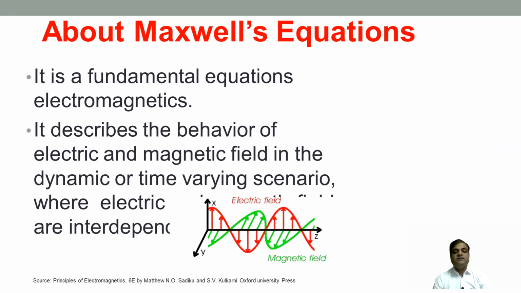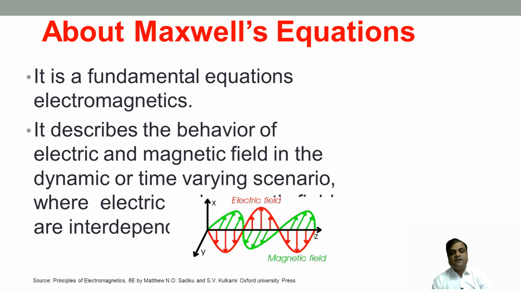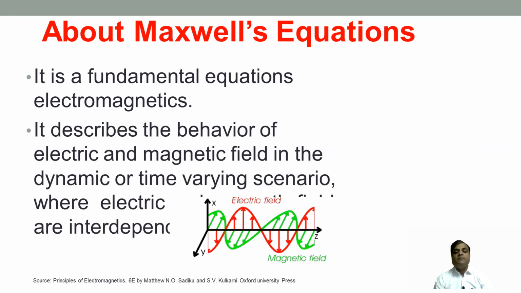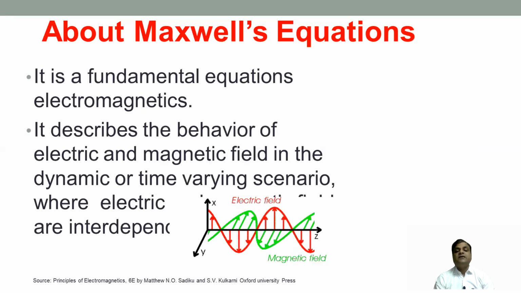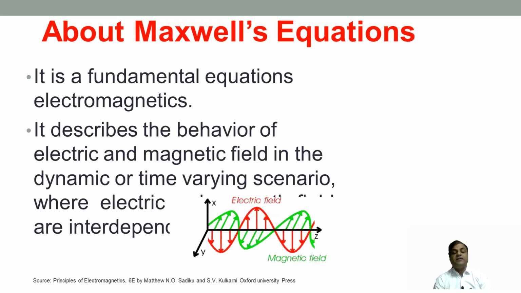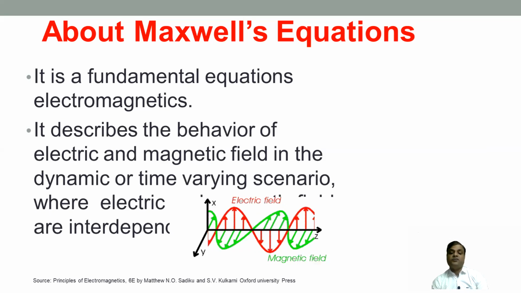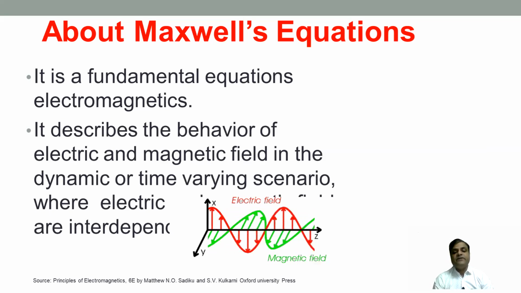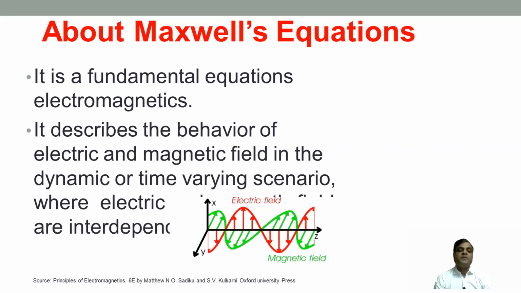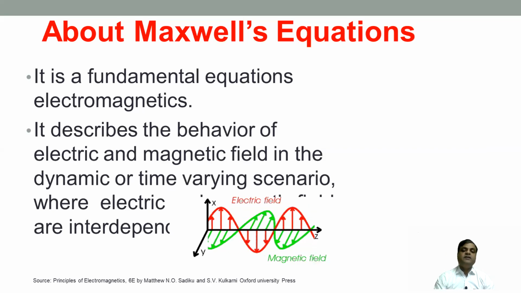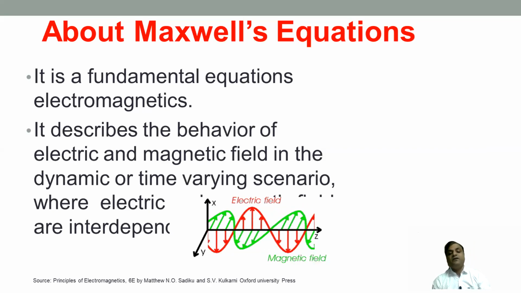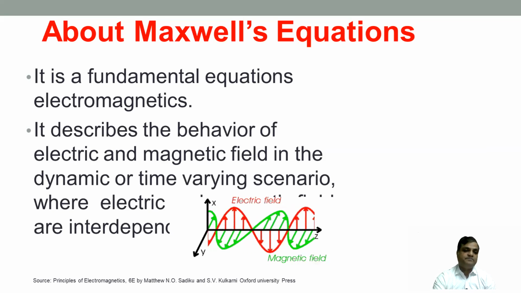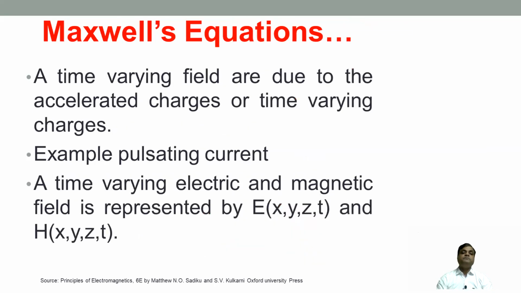Here the electric field is represented along X and the magnetic field along Y, but the electric field and magnetic field are always perpendicular to each other. Similarly, they propagate along the Z direction. So the electric field, the magnetic field, and the direction of propagation are all perpendicular to each other. This is the behavior of the electromagnetic field in a particular medium.